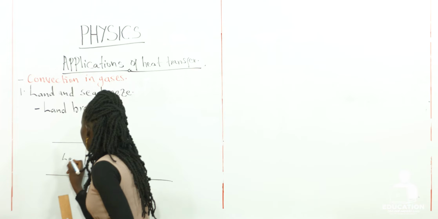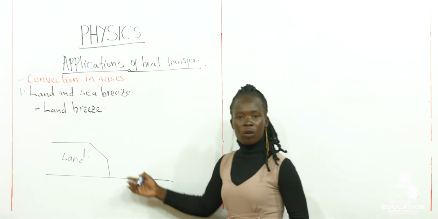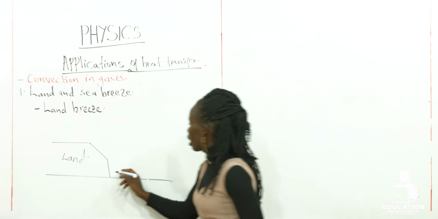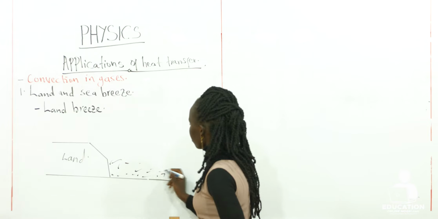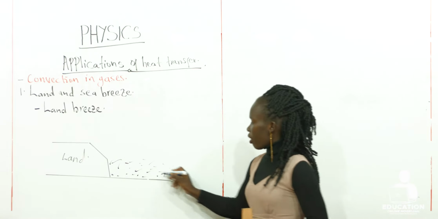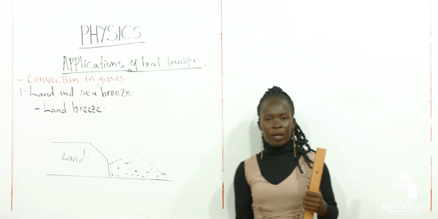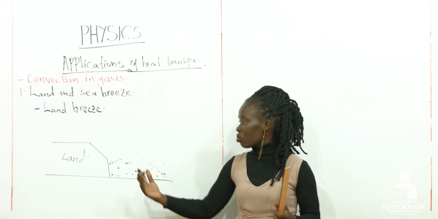The water body is always below the land, so we shall have it here. This is now our water body. So how does the wind blow from the sea to the land?